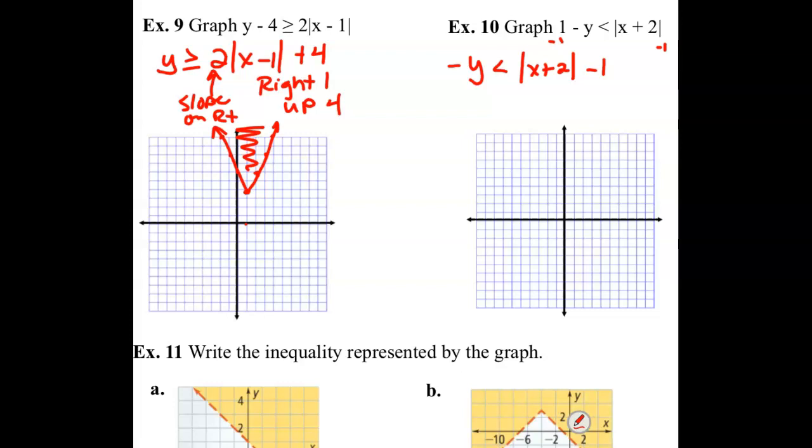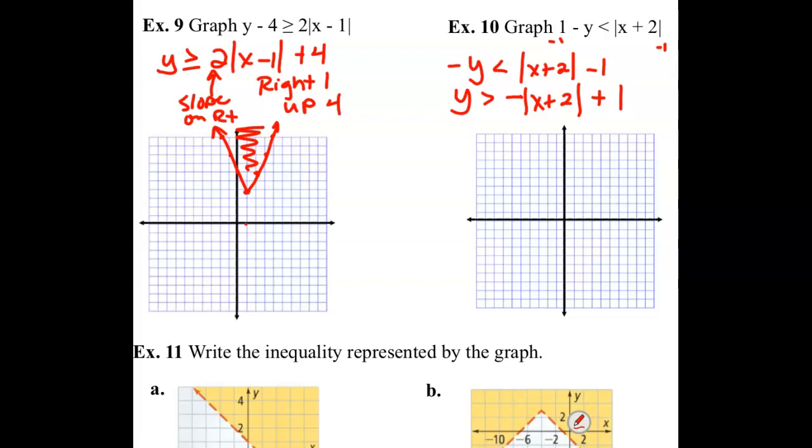If we multiply both sides by -1, we have y here. How are we going to show this on the right-hand side? We are multiplying the absolute value piece by a negative. Yes? The -1 on the outside here is going to become a +1. And what's the one other thing we have to remember to do? Flip the sign. Instead of less than, we're going to have greater than.